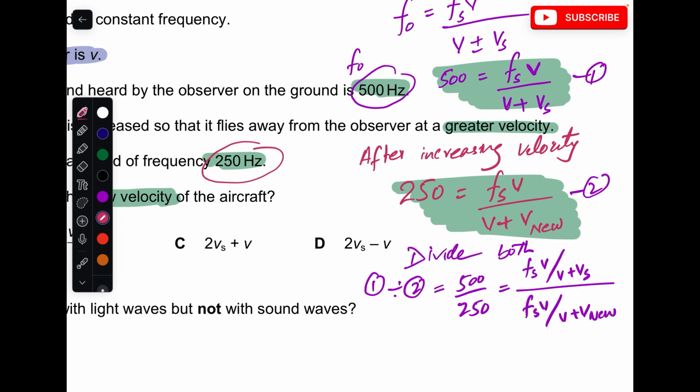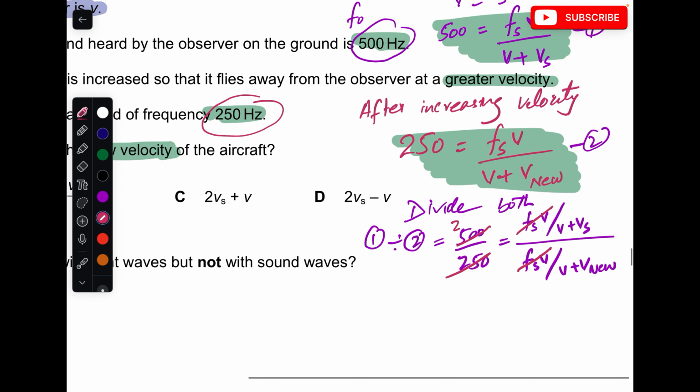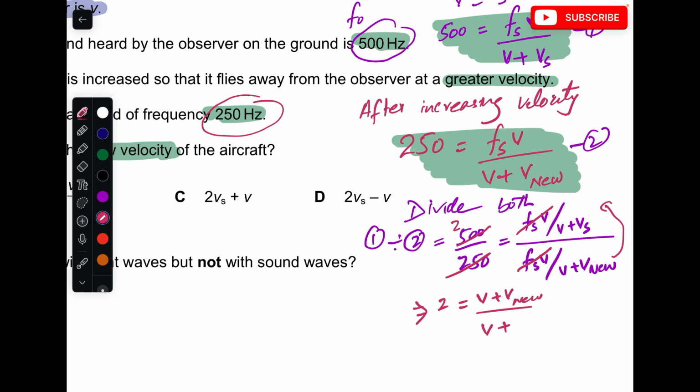The Fs cancel out. This will be 2, and it equals V plus V new divided by V plus Vs.